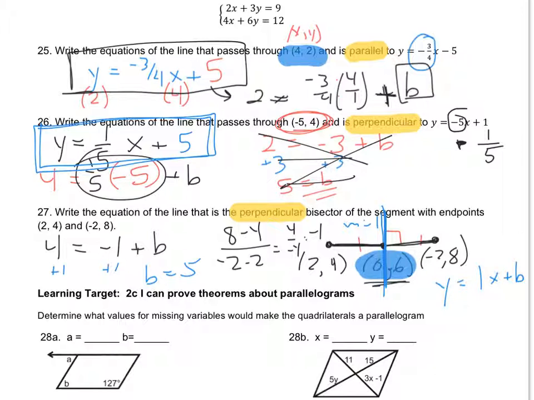Go to a regular pen, not a highlighter. y equals, if I plug in a 0 for x and a 6 for the y, the x part will be basically wiped out, and I'm going to end up getting 6 equals b. So my equation will be y equals x plus 6. And that's my final equation. There you go.